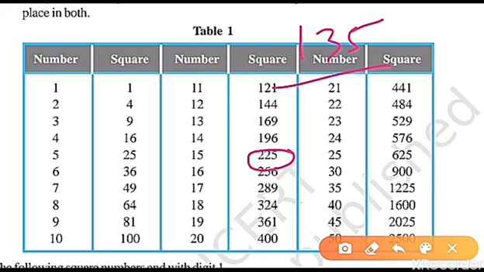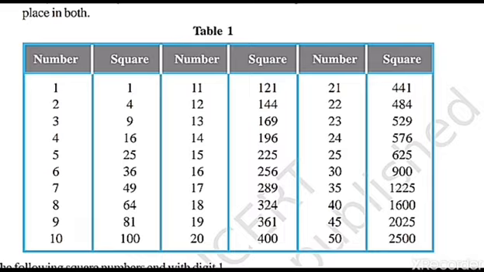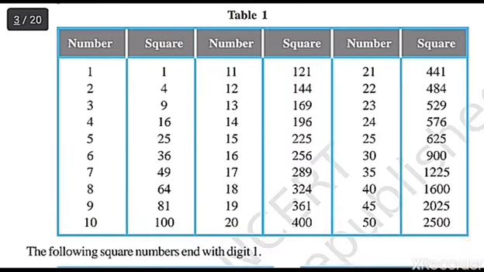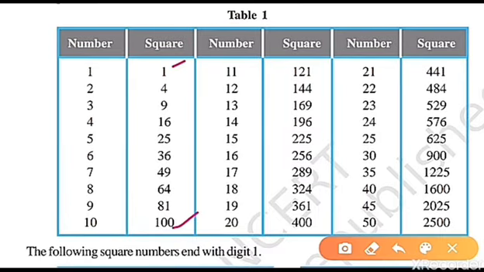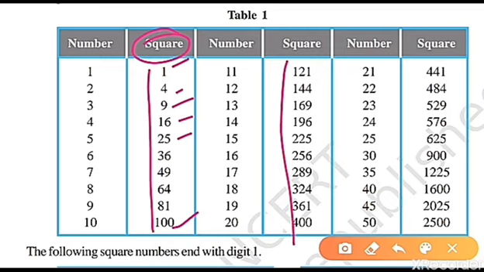So all perfect squares will end with the digits 0, 1, 4, 9, 6 and 5, but it is not necessary that every such natural number is a square number. All square numbers are natural numbers.